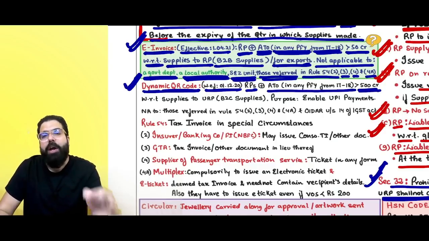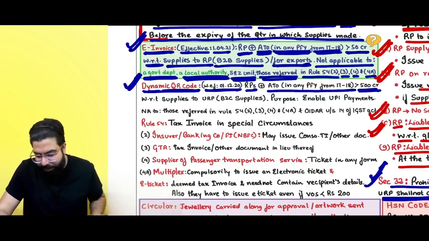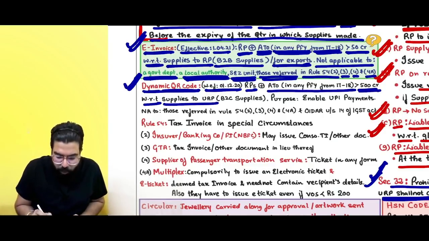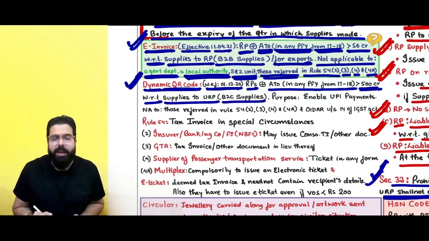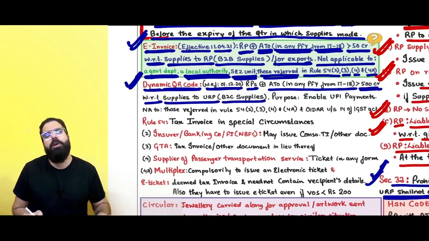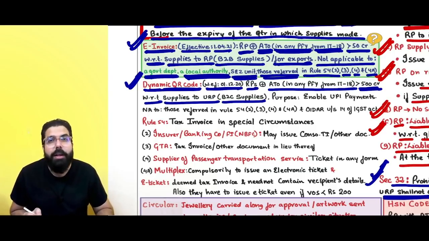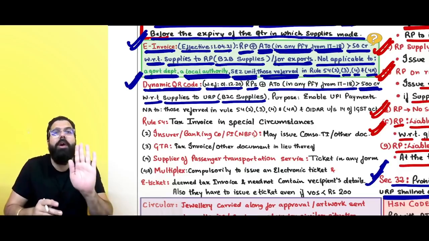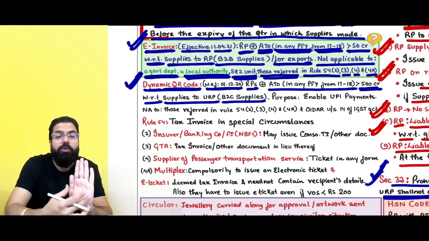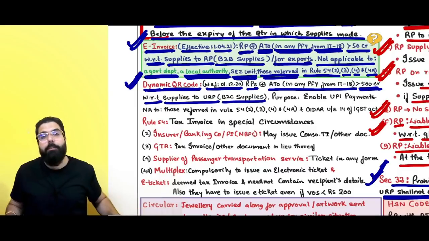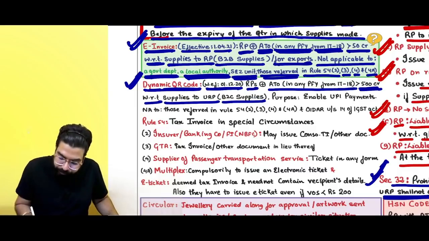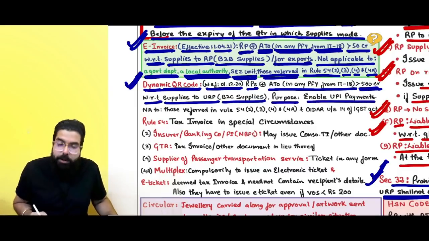Any year your turnover had exceeded 500 crore, with respect to supplies to unregistered persons or B2B supplies, you have to go ahead and issue a dynamic QR code in your invoice so that people can scan and pay, basically for UPI payments. Done. Purpose was to enable UPI payment.